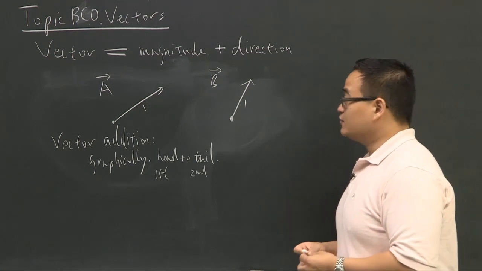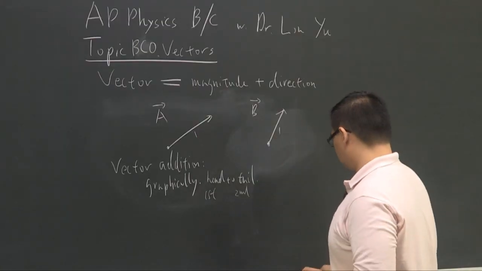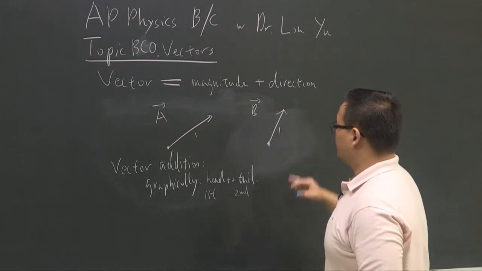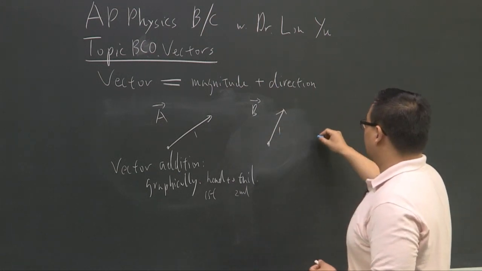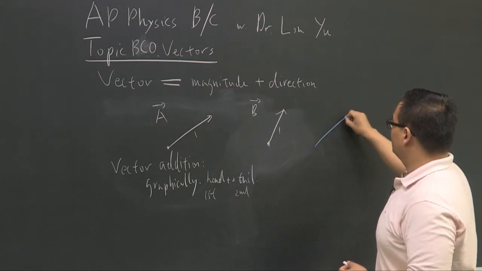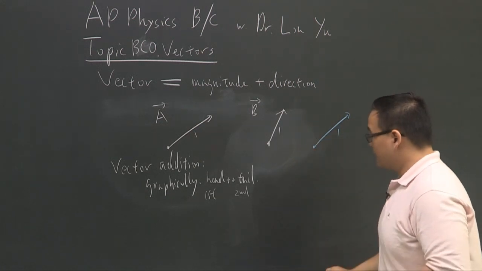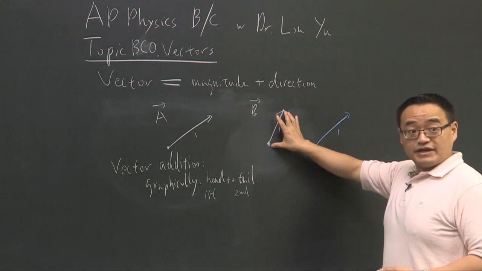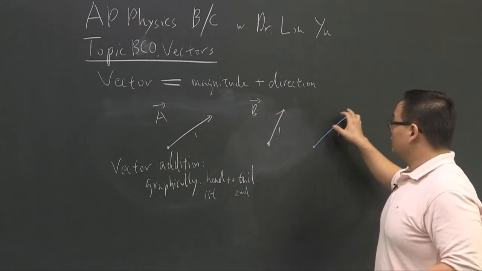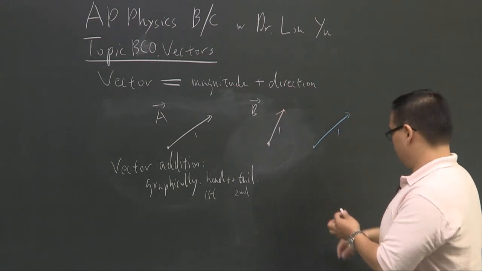Right? Okay, let's use A and B for example. A looks like this, B looks like this. If I want to add A, and then B looks like this, right? I literally, what I'm going to do is move the tail of B to the head of A, okay?